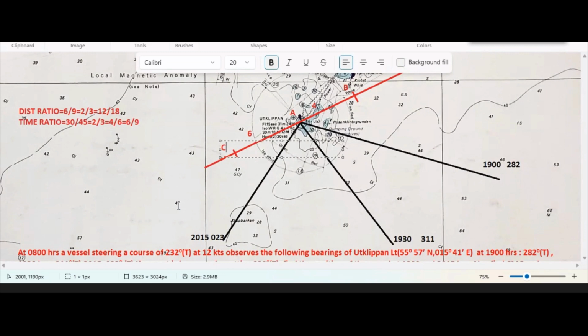I am showing as per 4 by 6, so I am cutting AB as 4 miles. You can take 6 by 9 also. Do it by 6 by 9: cut AB distance 6 and AC distance 9. Somebody may take AB distance 2 and AC distance 3.